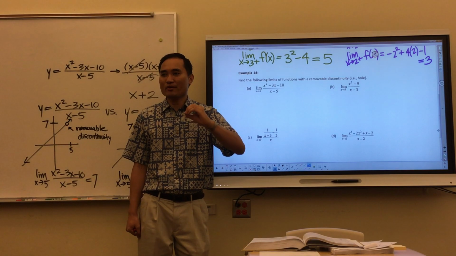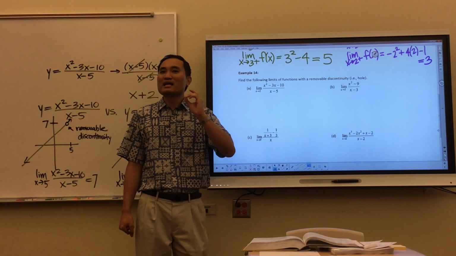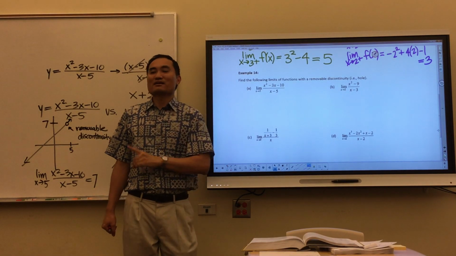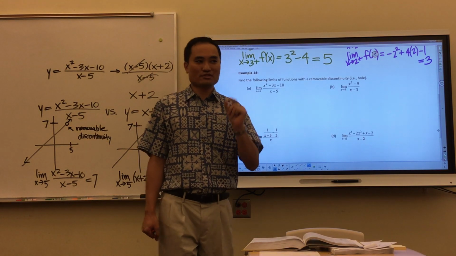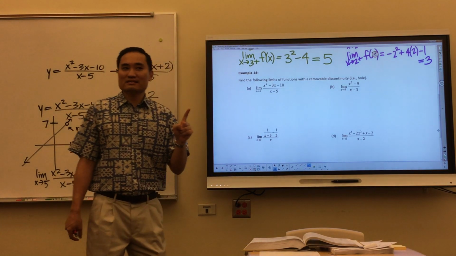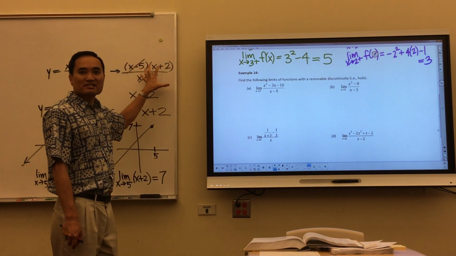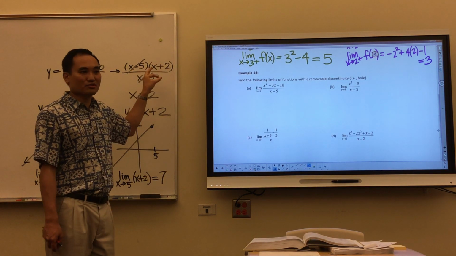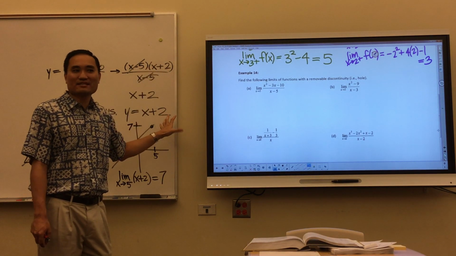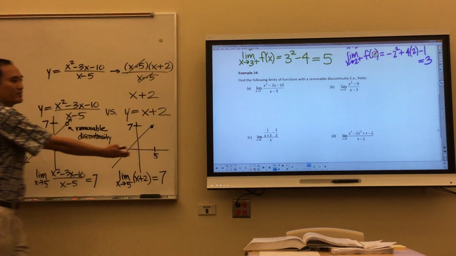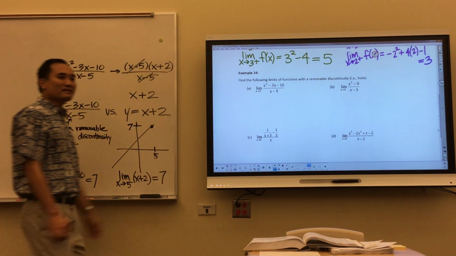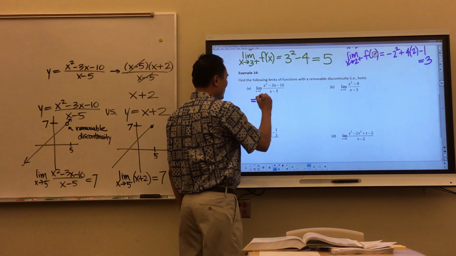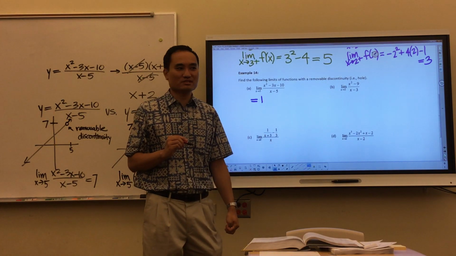There's a name for it. It's called indeterminate. But what it really means is that there is a factor of x plus 5 that you can pull out of the numerator that can cancel. So it's what we did over here. So to find this limit, you do what I call factor, cancel, substitute.